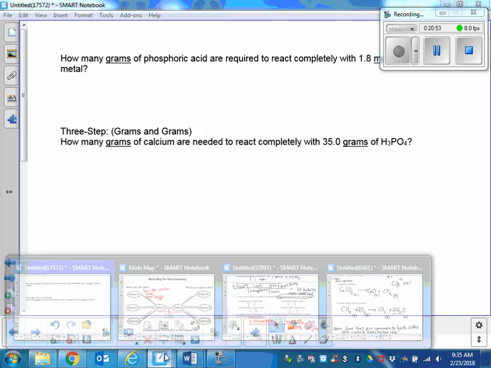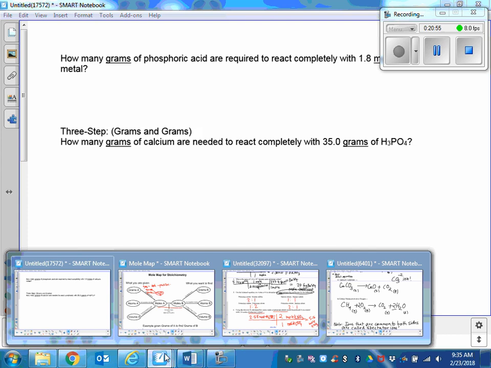So in your mole map, you are starting at moles of A. Correct? Are you with me? Are you in mole A? What do you convert mole A into? What do you convert mole B into? Grams B. Do you see that? Are you going mole A, mole B, gram B?